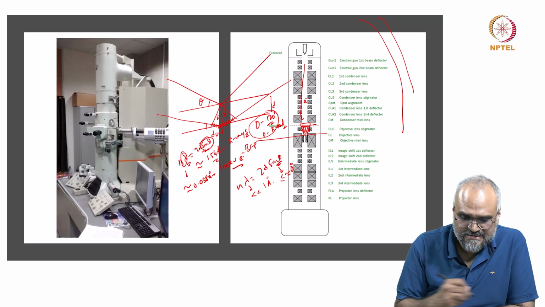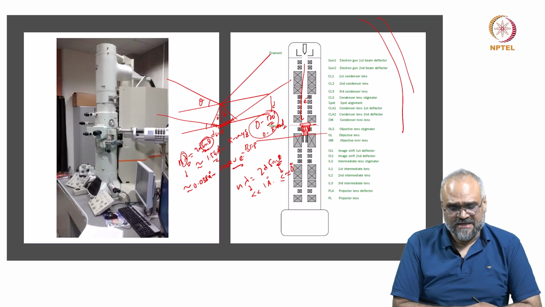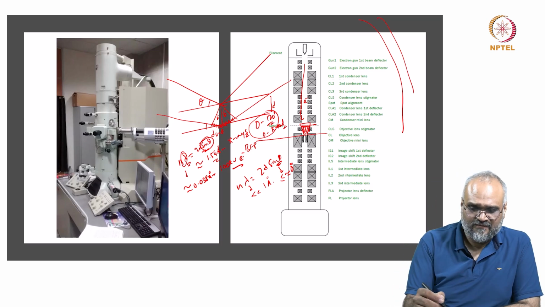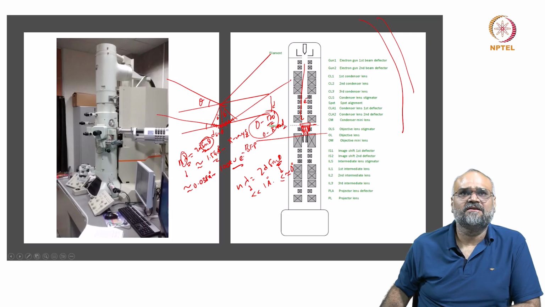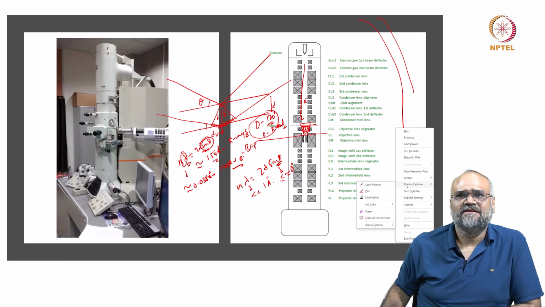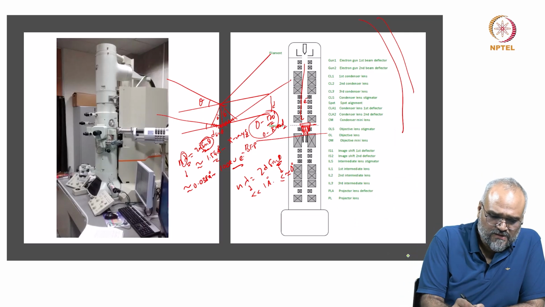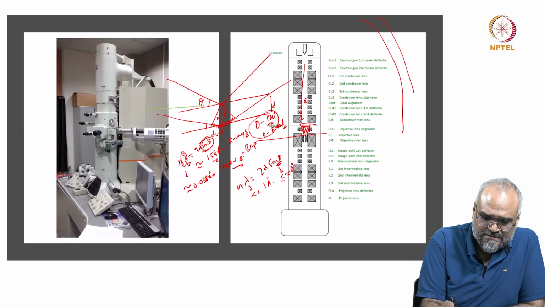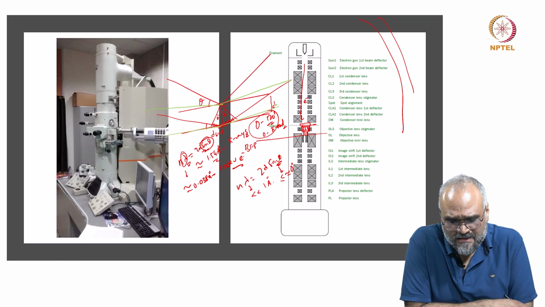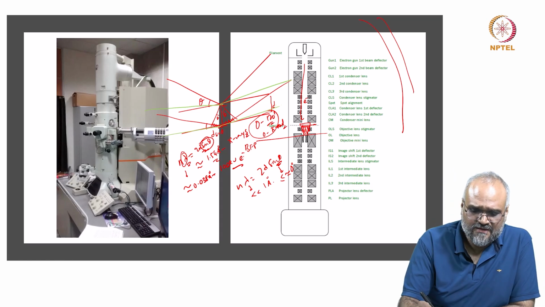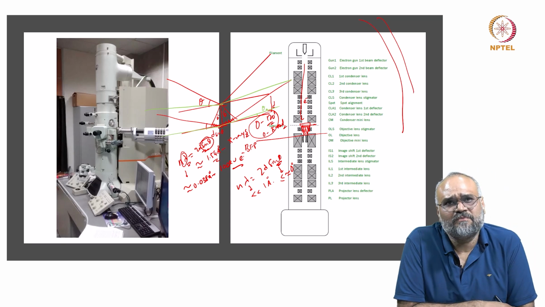It is almost equivalent to 0 degrees. That means when I compare an X-ray diffraction versus an electron diffraction pattern, let me use a slightly different color for convenience here. If my electron beam is going nearly parallel to the plane of atoms, I would then have the satisfaction of Bragg's condition as well.